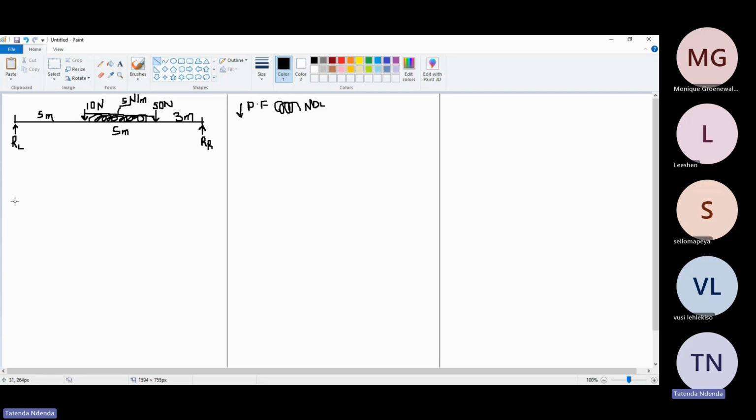Is the total distance of that beam 5 meters? No, 5 meters is only from here to here. Okay.